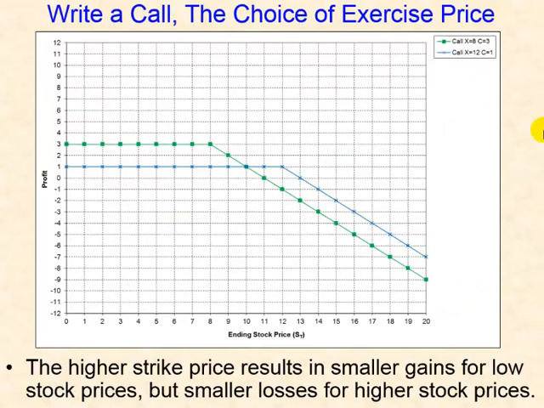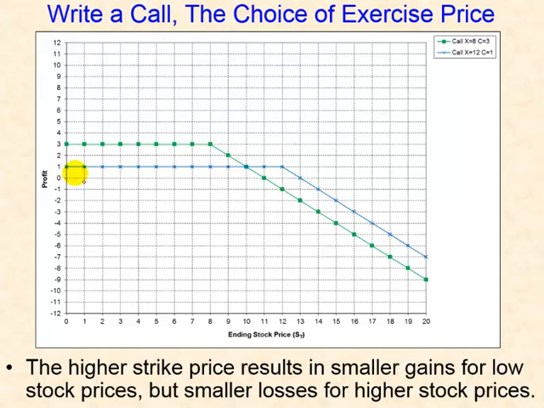When we write a call option, we get to choose the exercise price of interest. We see in the chart here the profit from writing two different calls, one with an exercise price of 8 and a premium of 3. That's the green line on our chart. The blue line shows the profit from writing a call with an exercise price of 12 and a premium of only $1.